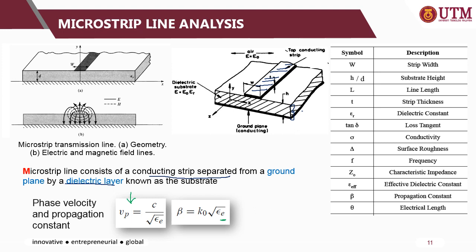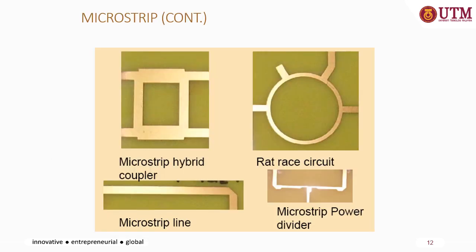So you need to be careful. Make sure when you refer to the appendix, you refer to the right equation. The slide shows some fabricated microstrip line that's used as a coupler and also power divider.